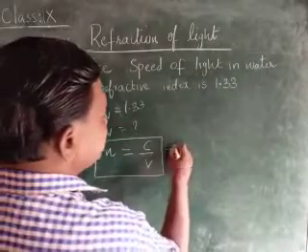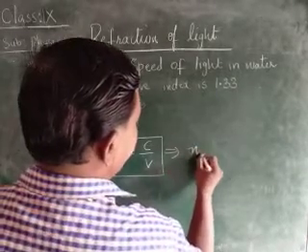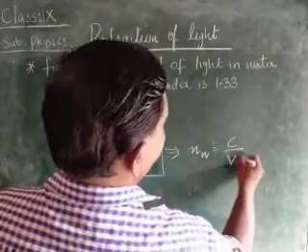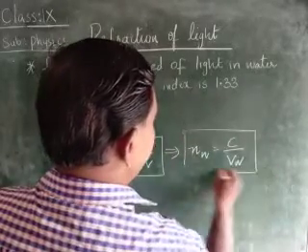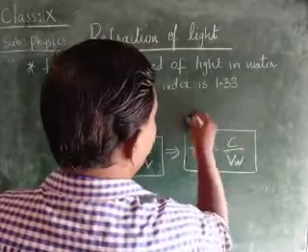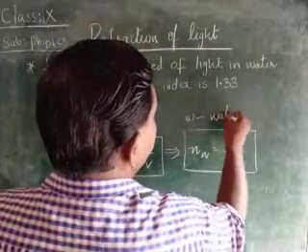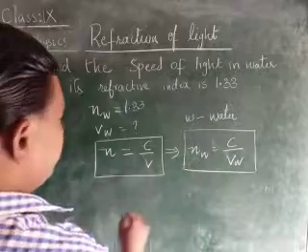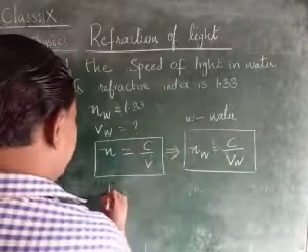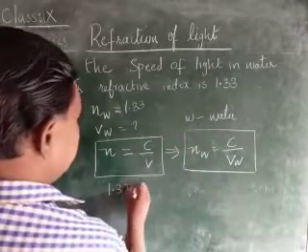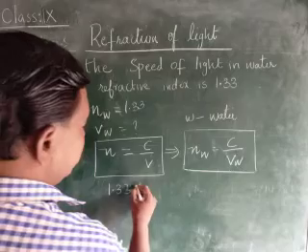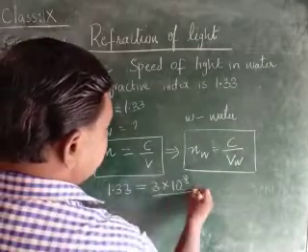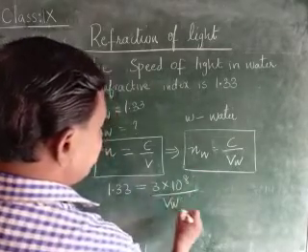Here we write the same formula: the refractive index of water is equal to c by the velocity of water. Here W indicates water. Now, is n_w given? Yes, 1.33. Do we know c? Yes, the value of c is always constant, 3 into 10 to the power of 8. Here he is asking to find v_w.